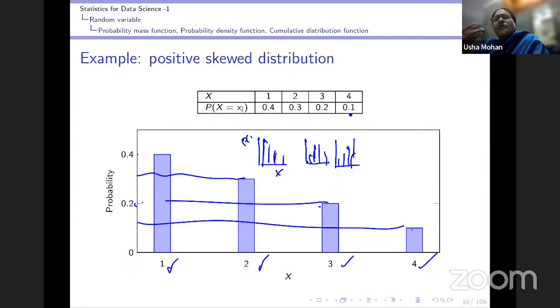Skewness and symmetry, the shape of a distribution, play a big role when you are looking into applications.